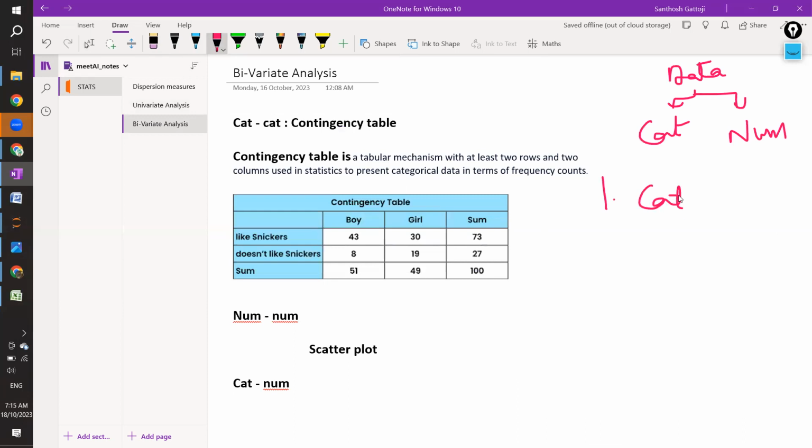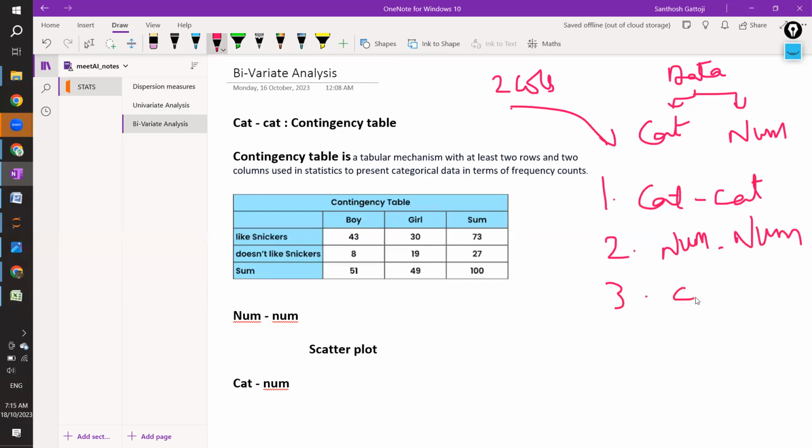If I have two columns, the possibilities are: categorical, numerical, and third, categorical-numerical or numerical-categorical. These three types of combinations are possible if you are working on any two columns. That's why it's called bivariate analysis.